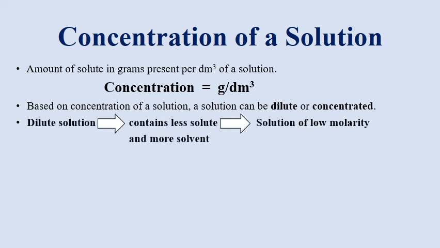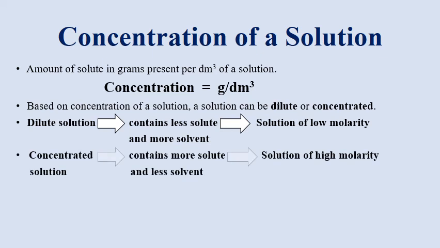By definition, a dilute solution contains less solute and more solvent, and a concentrated solution contains more solute and less solvent. A dilute solution is therefore of a lower molarity, and a concentrated solution is usually of a higher molarity.